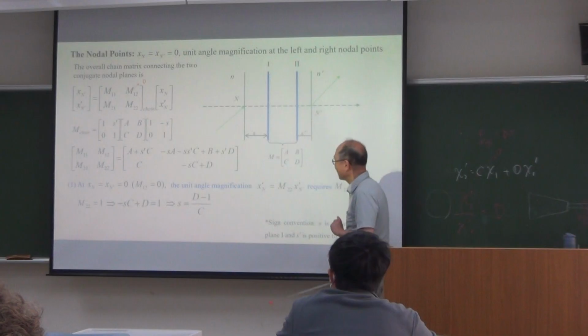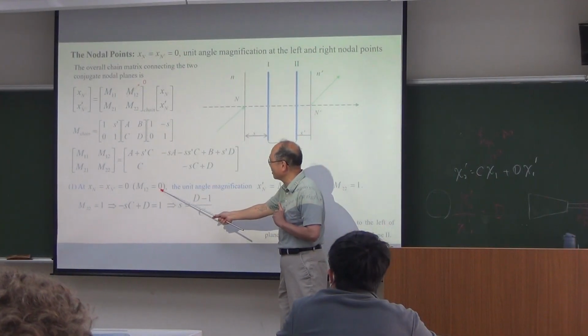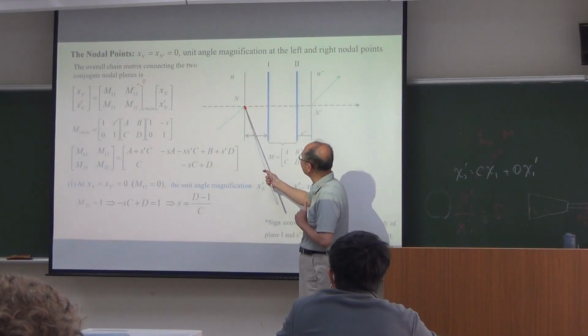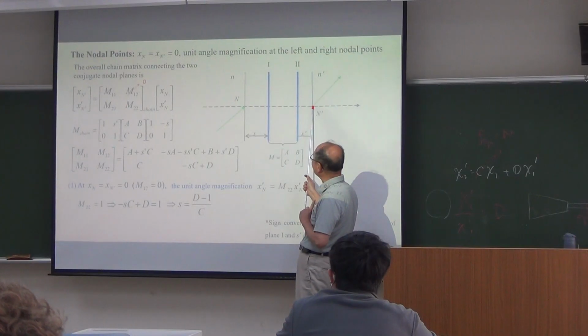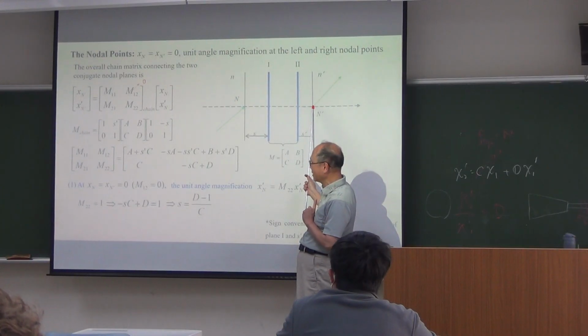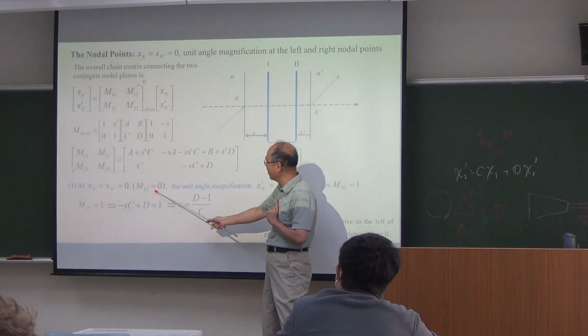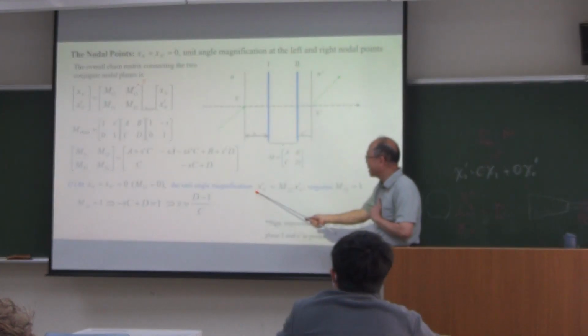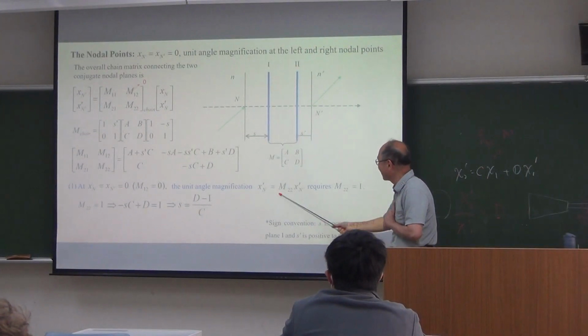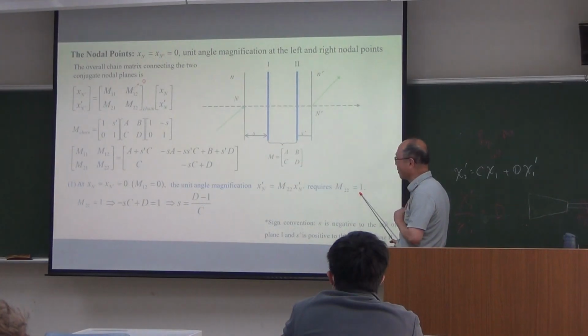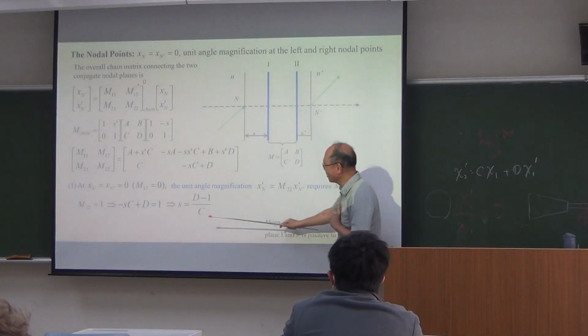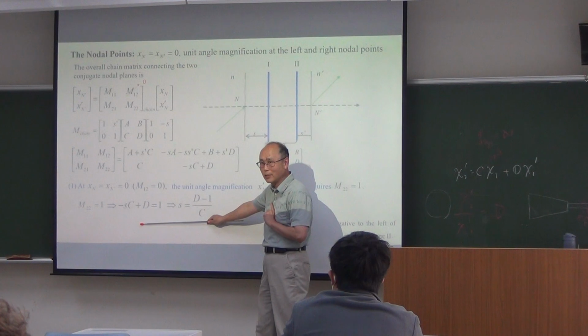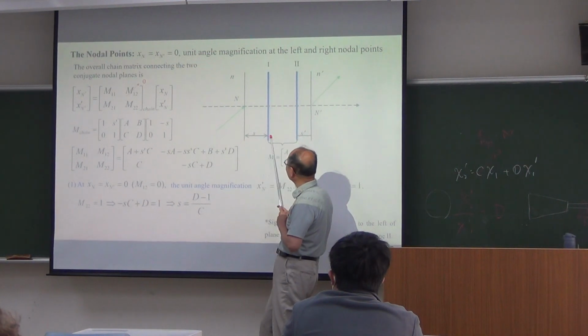So the first condition is that M12 is equal to 0, so that you have the starting point on the axis and the exit point right on the axis. The unit amplification requires M22 equal to 1, and then eventually you have this result to give you this distance.